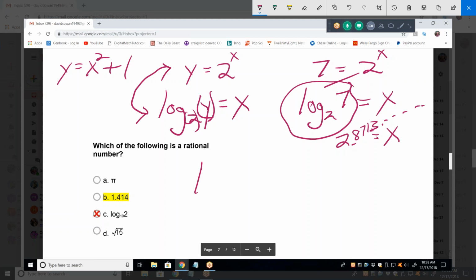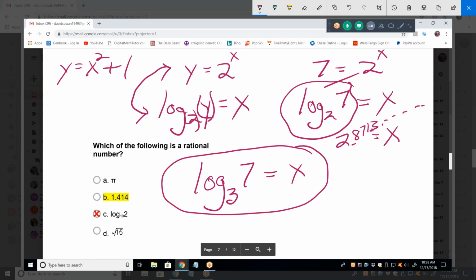What have I told you? This? Log base 3 of 7 equals x. Now, in order to solve this, I actually just go straight to my calculator and solve it. Because I can input log base 3 of 7, and it'll give me a number.